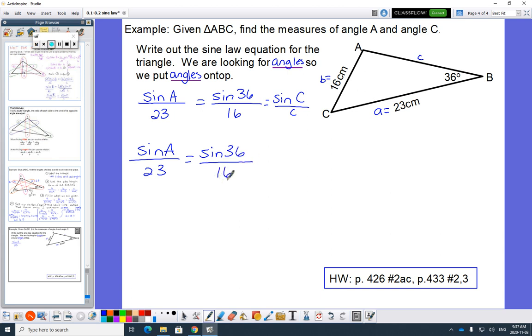Again, decide. Do you want to change sine 36 into a number? You can do this all as one step. It's really up to you. Probably what most of you are going to eventually do is sine 36 divided by 16.